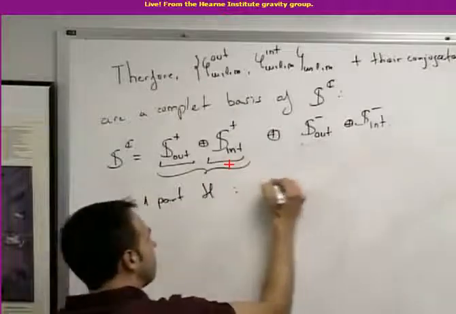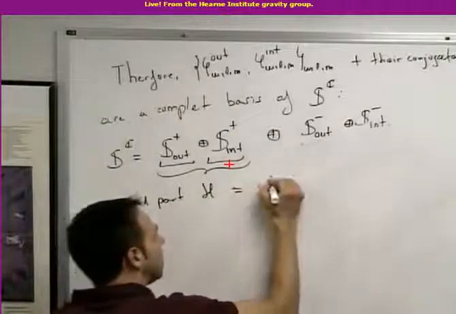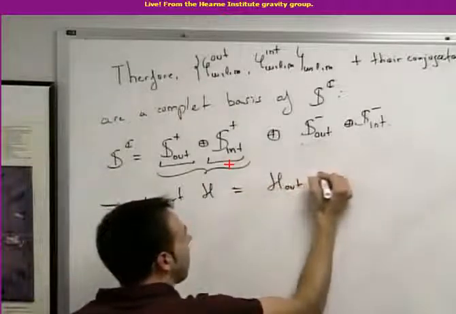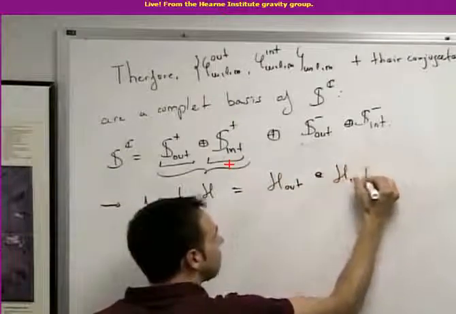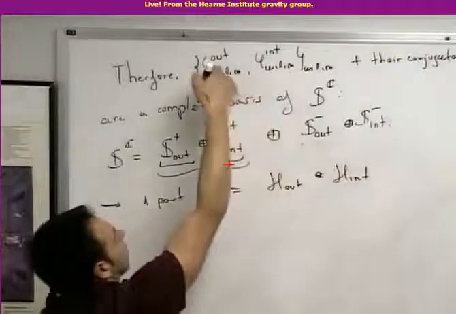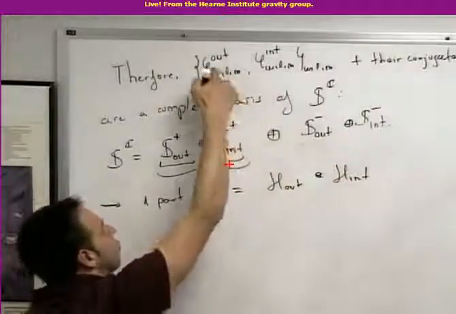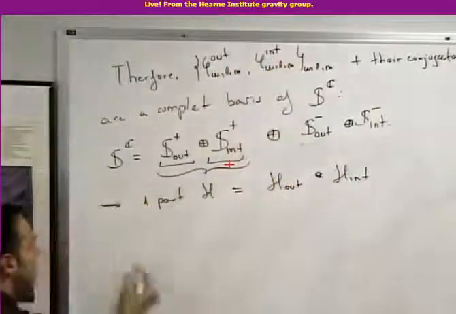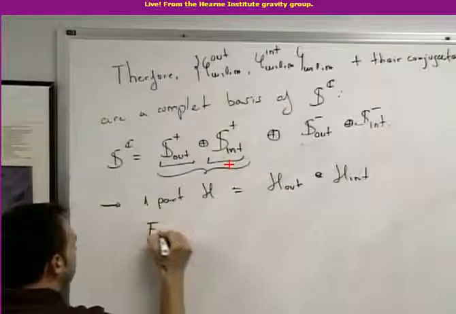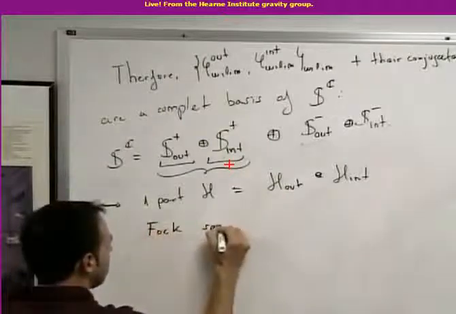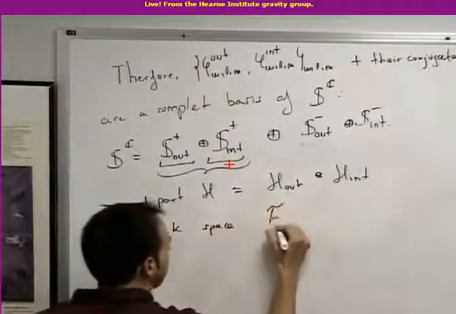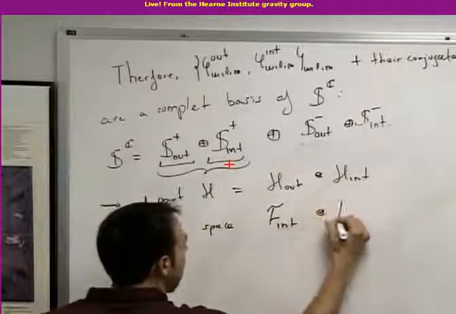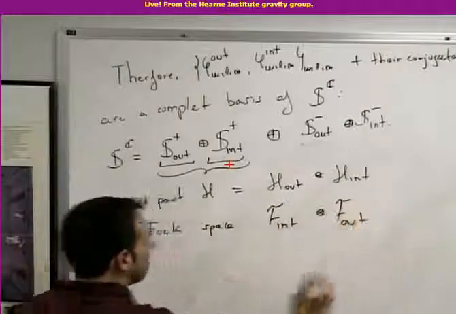The Hilbert space will be a product of the out one and the in one: quanta associated with this solution, and quanta associated with the other solution. And the Fock space is going to be a product of the in and out sub-Fock spaces.